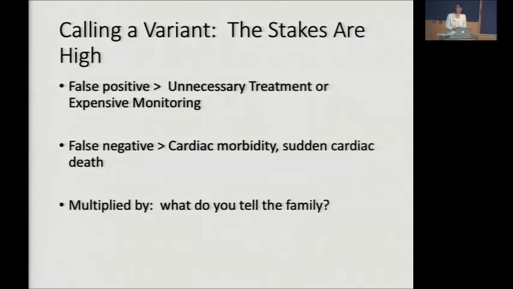If you overcall a variant or have a false positive, you could subject a patient to unnecessary treatment like an ICD or expensive monitoring. A false negative, on the other hand, and underestimating someone's risk could result in cancer or sudden cardiac death. And of course, because we're talking genetics, this problem is multiplied by all of their family members.